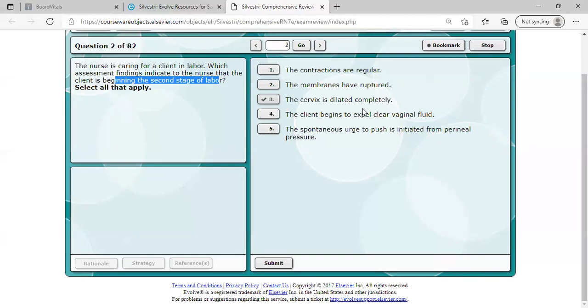And number 4, the client begins to expel clear vaginal fluid. No, that is not the beginning of stage 2. Spontaneous urge to push is initiated from perineal pressure. Yes, this indicates the second stage of labor too.